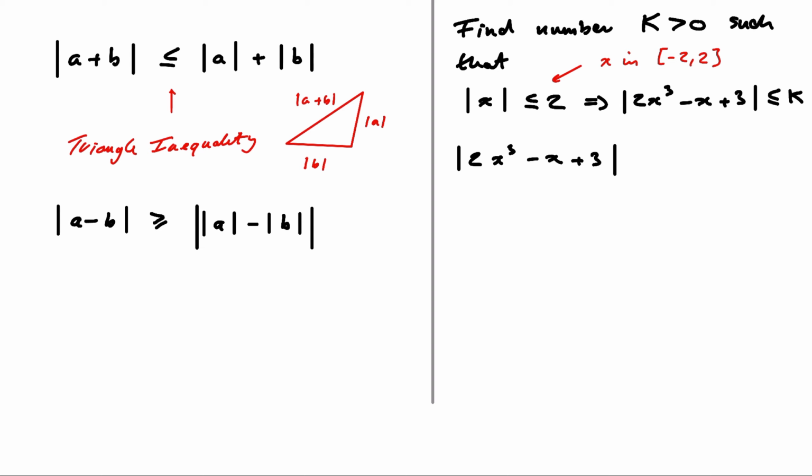bound. So the triangle inequality tells me this has to be less than or equal to, well, the absolute value of the sum of each piece inside. 2x cubed plus the absolute value of minus x, I suppose, plus the absolute value of 3. Okay, so that there is the triangle inequality.